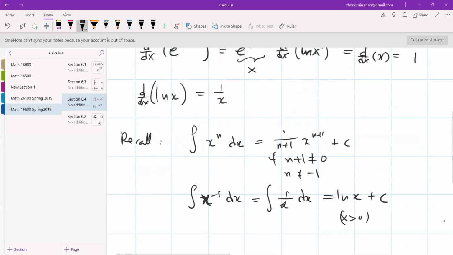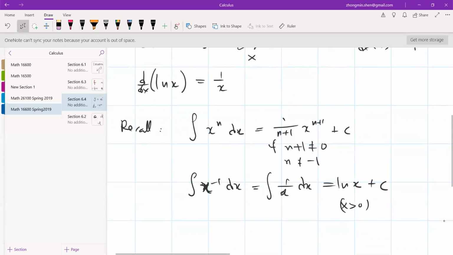So can we just state the formula without mentioning x greater than 0? Because natural log of x is only defined for positive x. For positive x, yes, the integral of x to the negative 1 is natural log x plus c. If x is negative, the right-hand side is not defined.